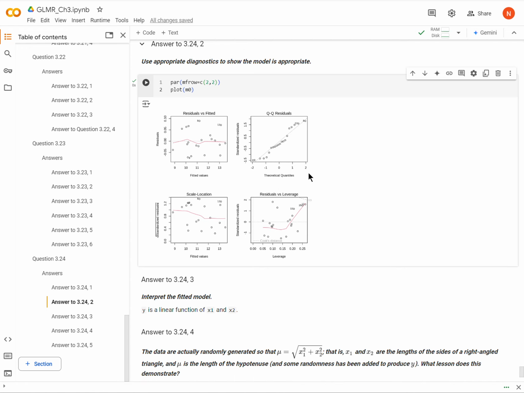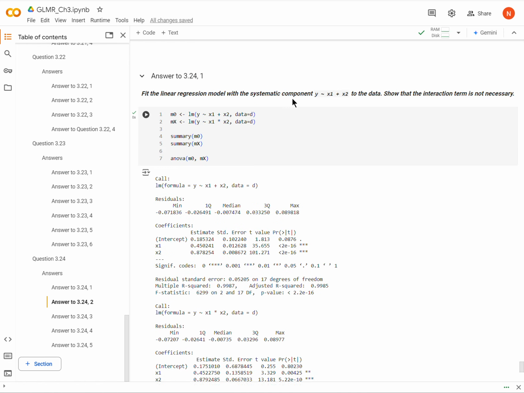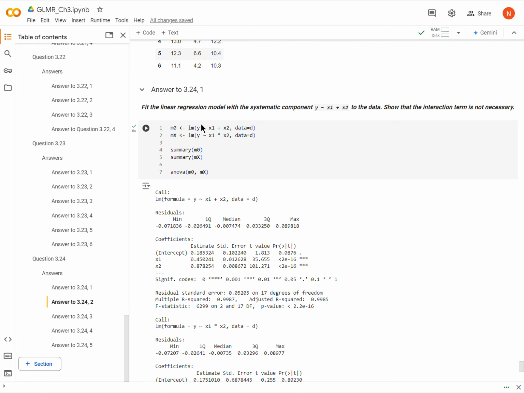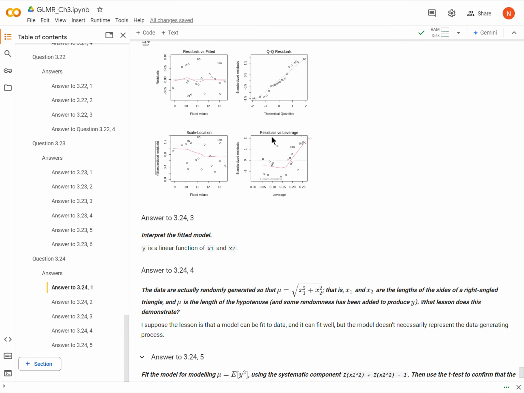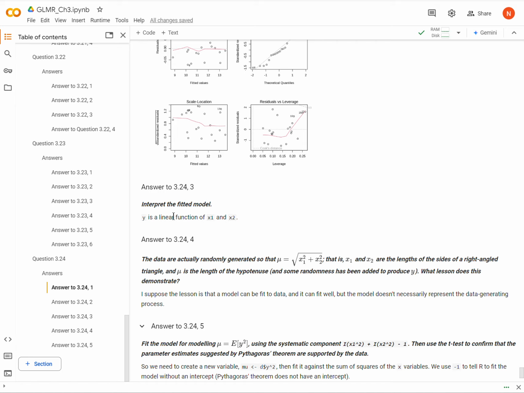Again, this question comes up in a lot of these questions here. And it's almost a tautology, because I think that the answer that they're looking for is y is a linear function of x1 and x2, without an interaction term. But you can just read that off from the model, but I think that's the answer that they're looking for here. So there you go.